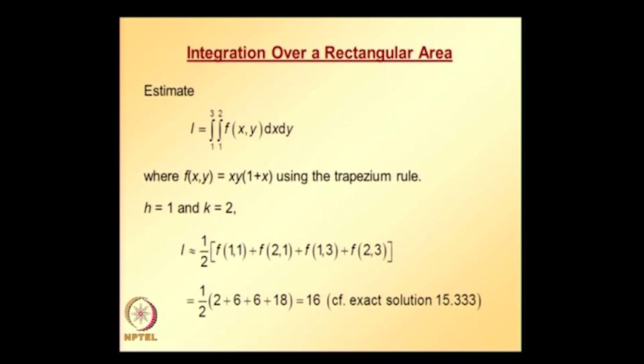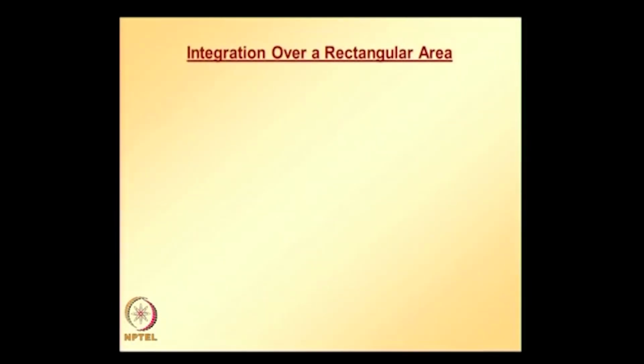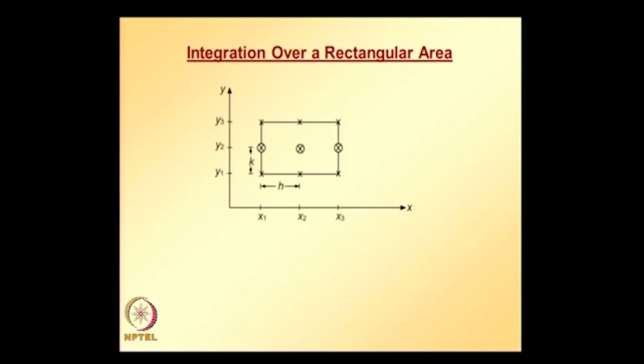So now let us see how to apply Simpson's rule over a rectangular area. Basically we need to evaluate the function at 3 points along the x direction and 3 points along the y direction.